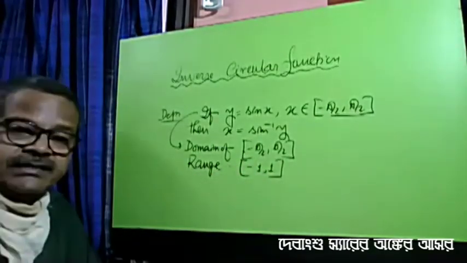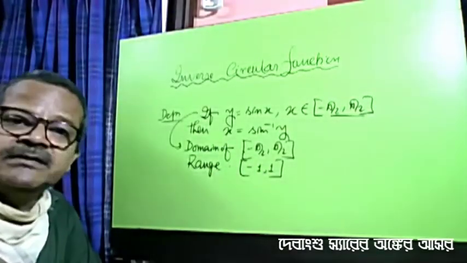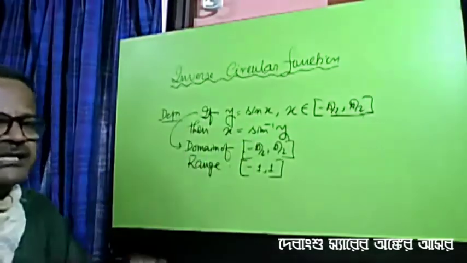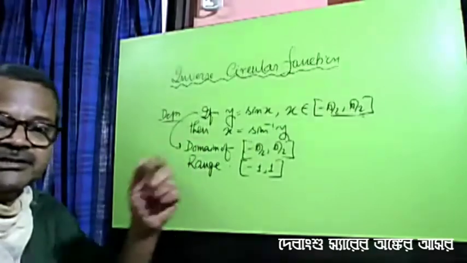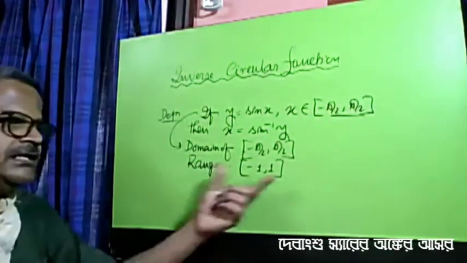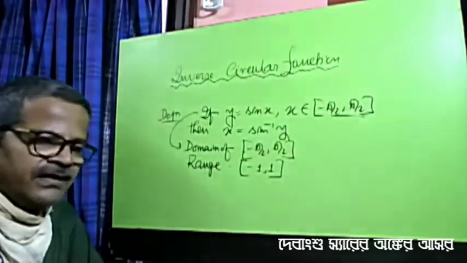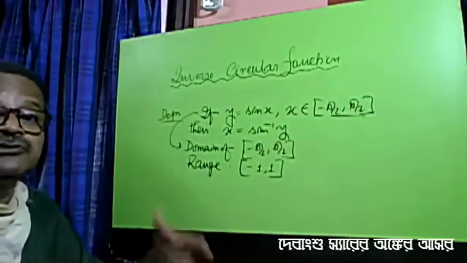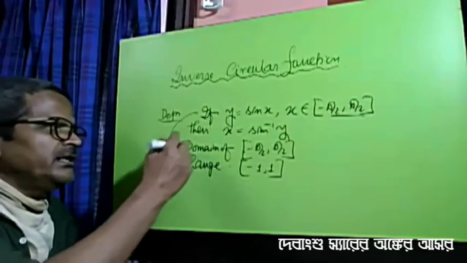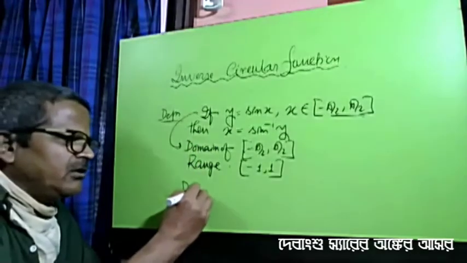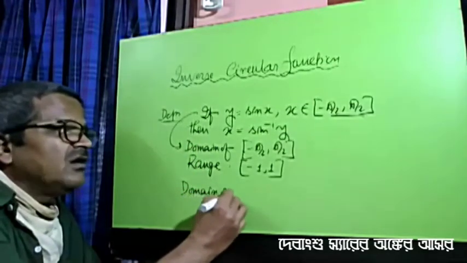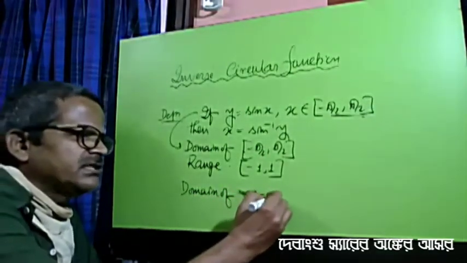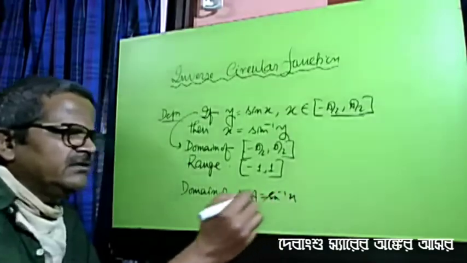So we know that in case of inverse function, by inverse mapping or inverse relation, the domain of the relation becomes the range of the inverse, and the range of the relation becomes the domain. So the domain of y is equal to sin inverse x, we can write.